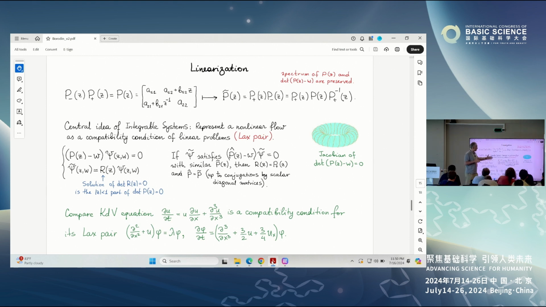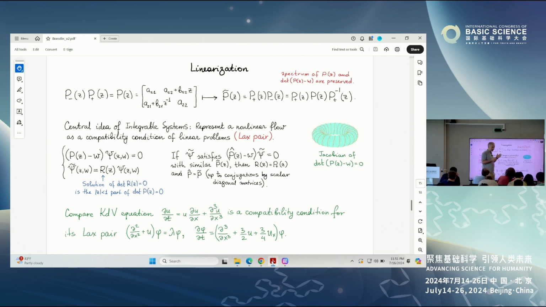Then, if you look at the curve where the characteristic polynomial is 0, there you must have a null vector, right? If a determinant of a matrix is 0, there is a null vector, which is the same as saying I'm looking at the eigenvectors of my matrix.